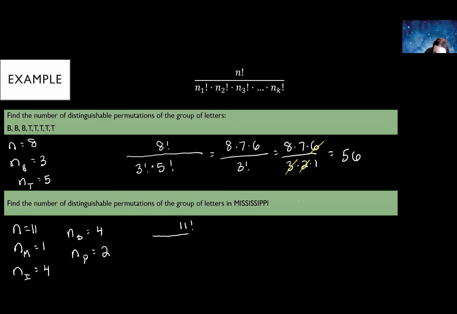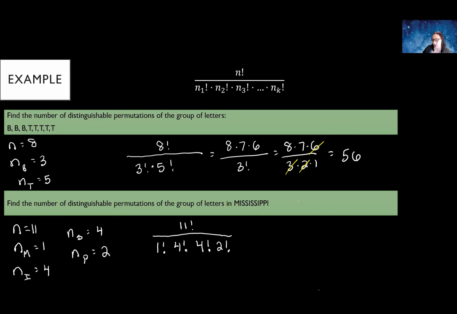So the number of ways that we can recombine the letters in Mississippi and have actual different looking words. They're not forming actual words, but they could be gobbledygook words. So the M's would be 1 factorial, then the I's are 4 factorial, then the S's are 4 factorial, and then the P's are 2 factorial.